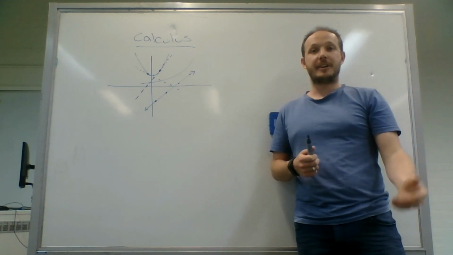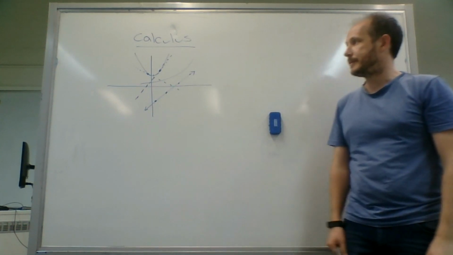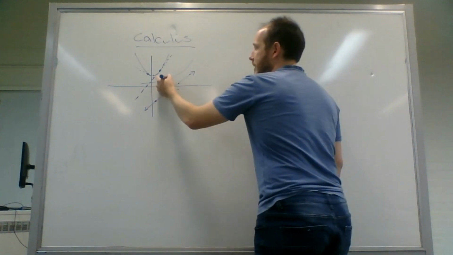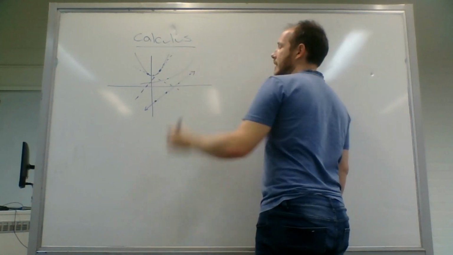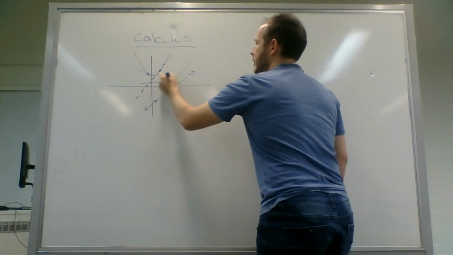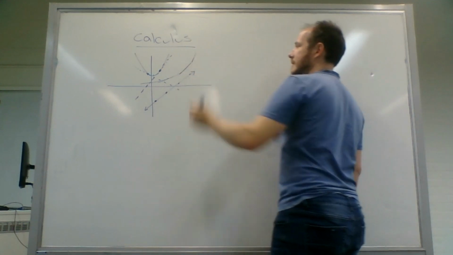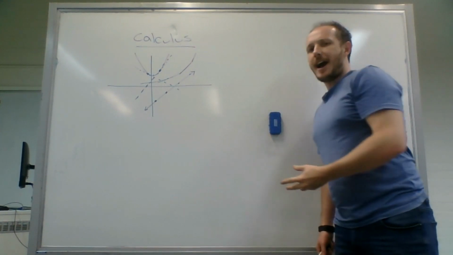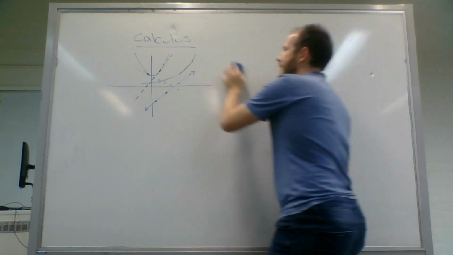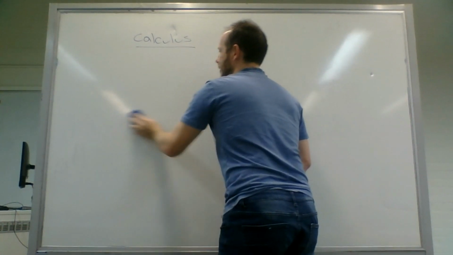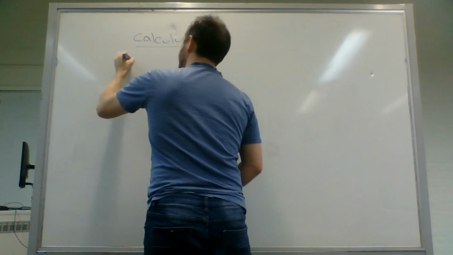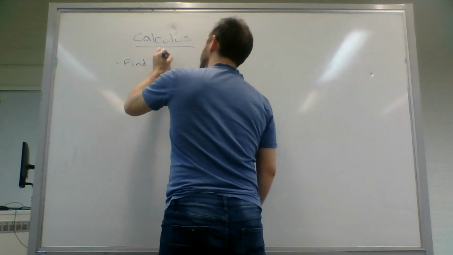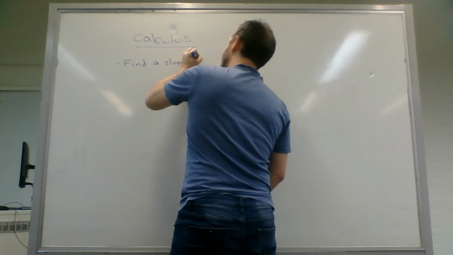It would only be accurate for that one particular point. The same is true for the exponential function: as we increase, the slope gets steeper. So the idea of calculus is that we want to be able to find a slope function.